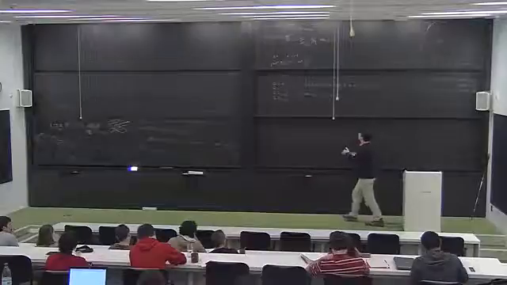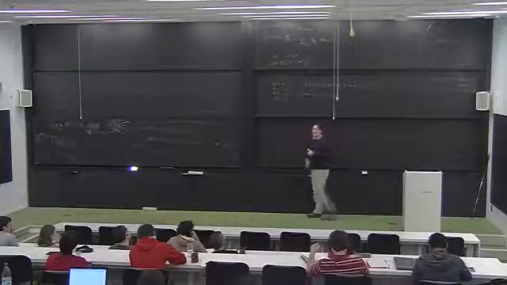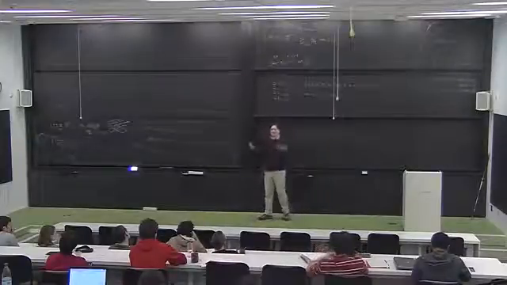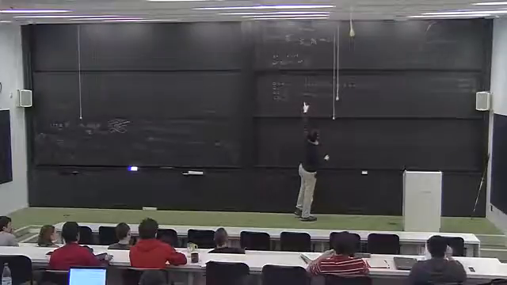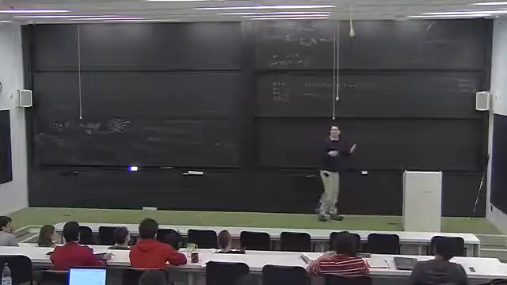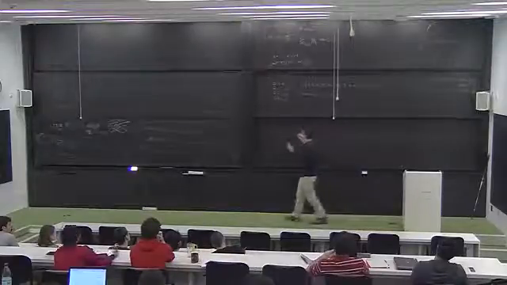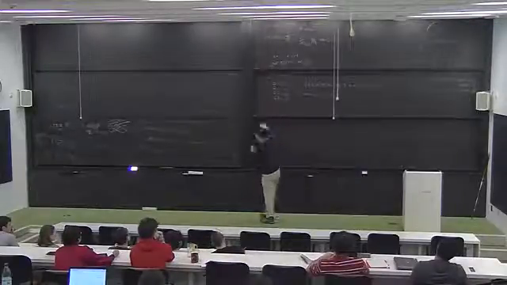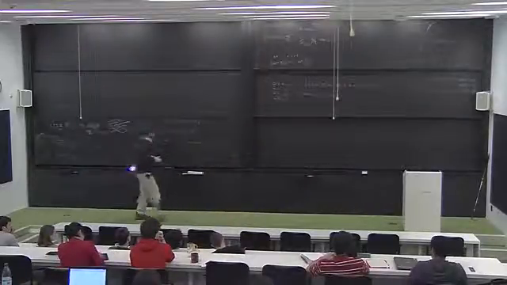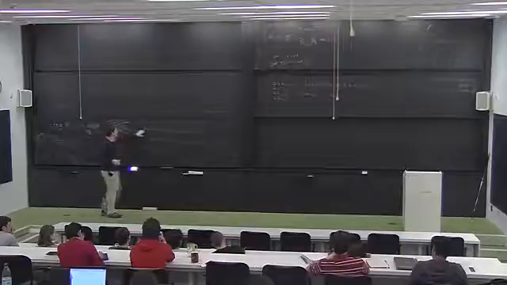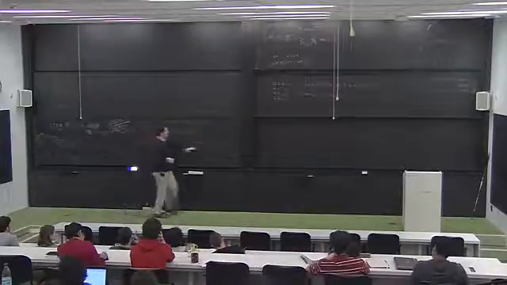But for now, just observe that because the action is written as Q of something, it automatically means that if you change your F, that changes the thing up there by something Q-exact. And so the change has no effect. That's why we get the same answer no matter which F we pick, as long as F changes in a continuous way. And when F of T is defined like this, I get the same answer no matter which ray I pick.